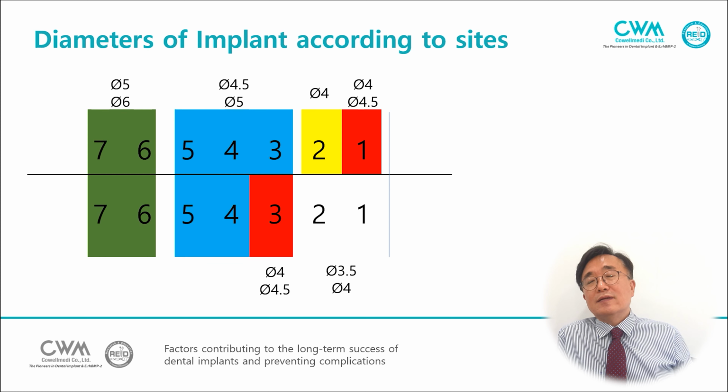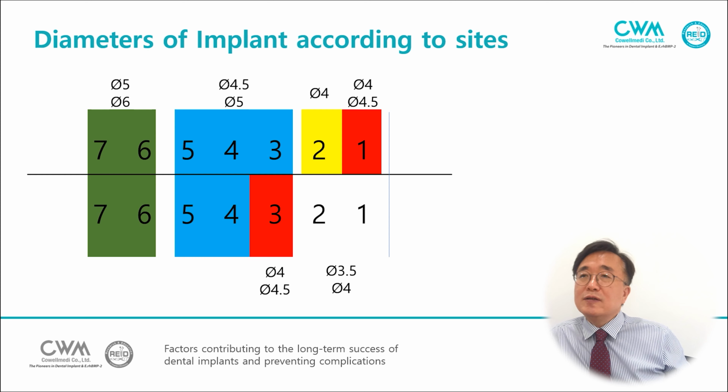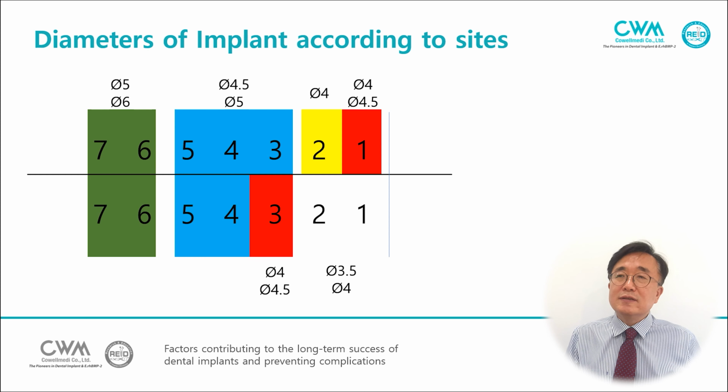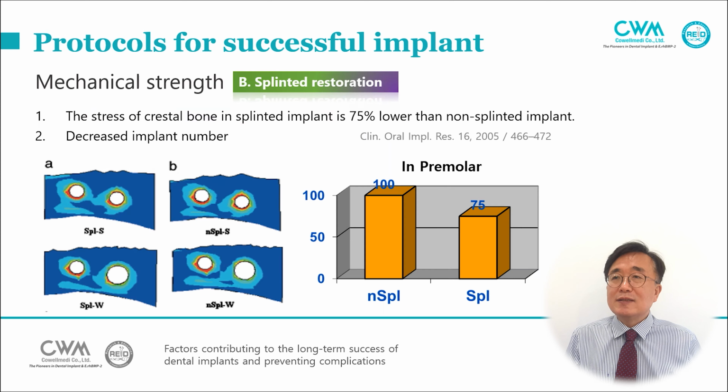So, and first maxilla incisor is recommended diameter 4 or 4.5. Sometimes I use 5 diameter.